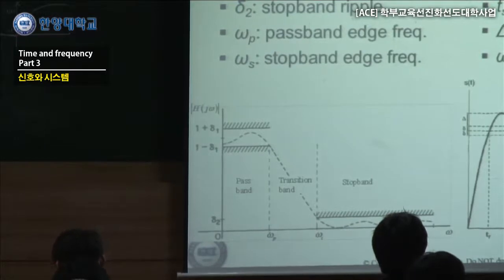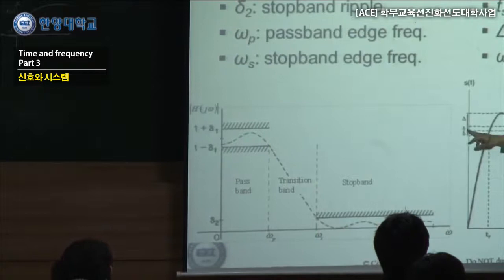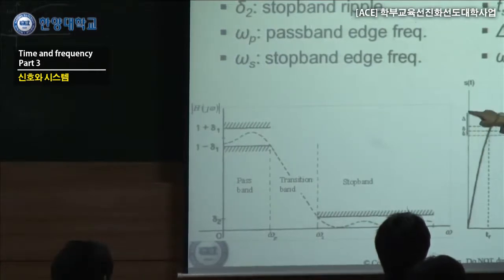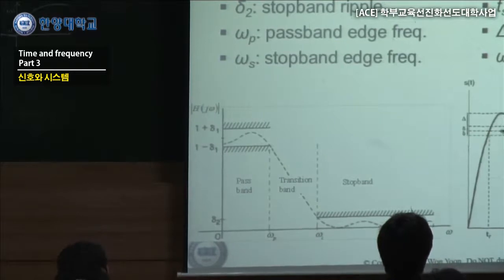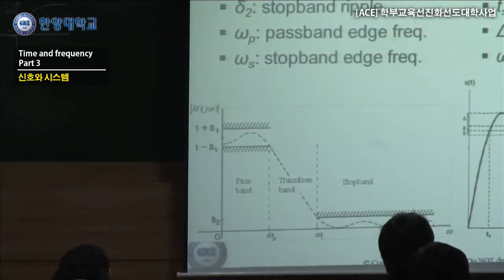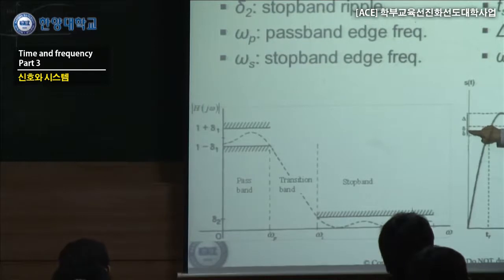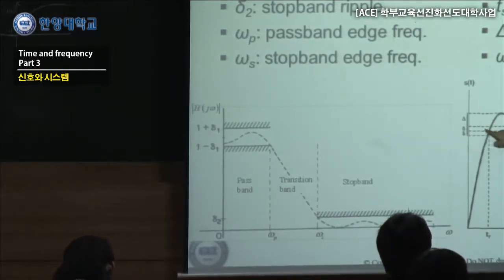And then we define overshoot, which is the value higher than the desired value. And then they begin ringing, and we define a certain gap, delta: the ideal value plus delta, the ideal value minus delta.